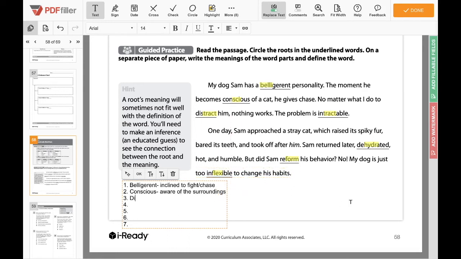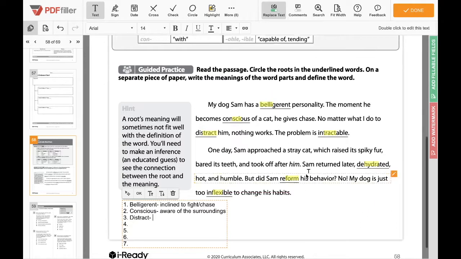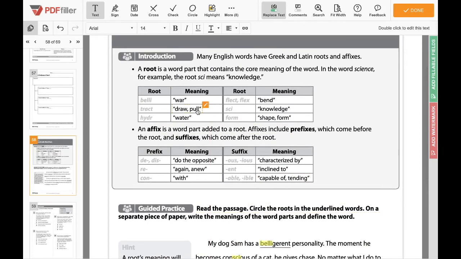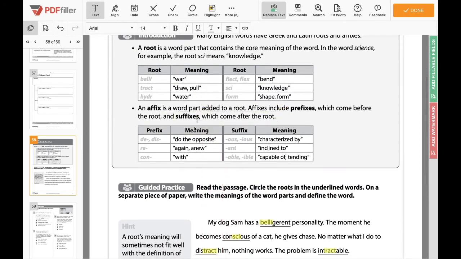The next word is distract. Okay, so we have our root word, which is tract. Let's look at that first. Draw or pull. And dis means opposite. So if we're drawing or pulling something, we need to think about what the opposite of that would be. So if we're drawing towards something, maybe, which draw doesn't necessarily mean writing with a piece of paper, right?